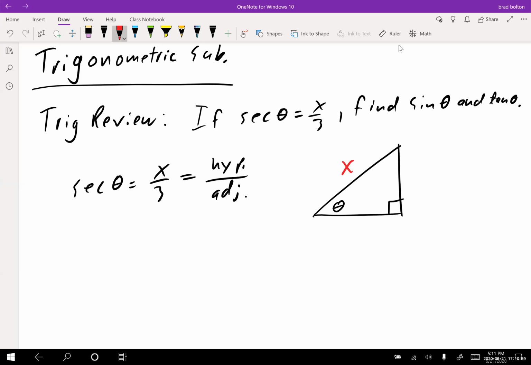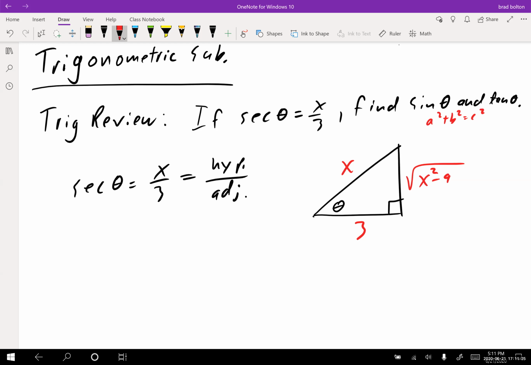We know that's x, and we know the adjacent side is 3. Well, remember, a squared plus b squared equals c squared. So then you know that this side is the square root of what? x squared minus 9. All I did was a squared plus b squared equals c squared, and I just solved for the missing side. So this would be the square root of x squared minus 9. Okay, so we have this triangle now.